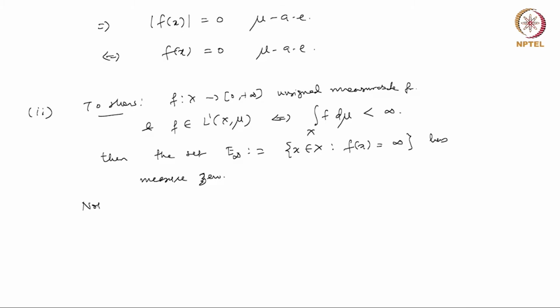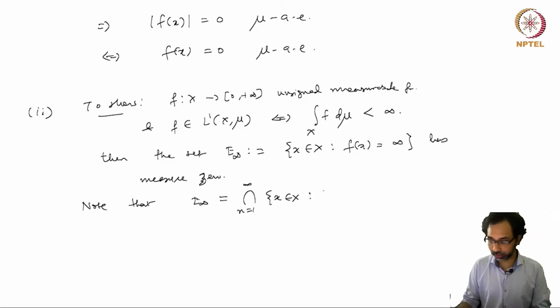So notice first that this set E infinity can be written as an intersection over all positive integers n of the sets of x in X such that f(x) is greater than or equal to n.